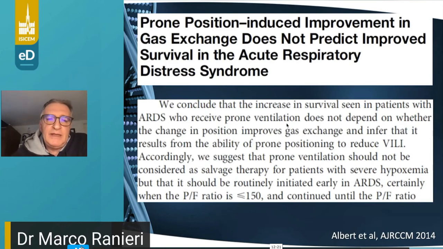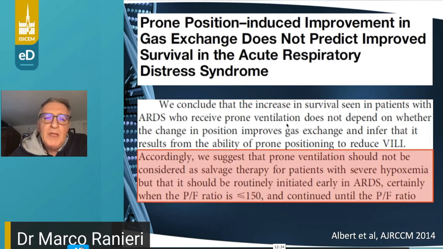All these aspects were so important in defining the reason why prone positioning was effective that in this review article published by Rick Albert in the Blue Journal in 2014, it was suggested that prone positioning is an intervention that should be considered for patients with severe hypoxemia and indicated for patients with a PF ratio lower than 150.